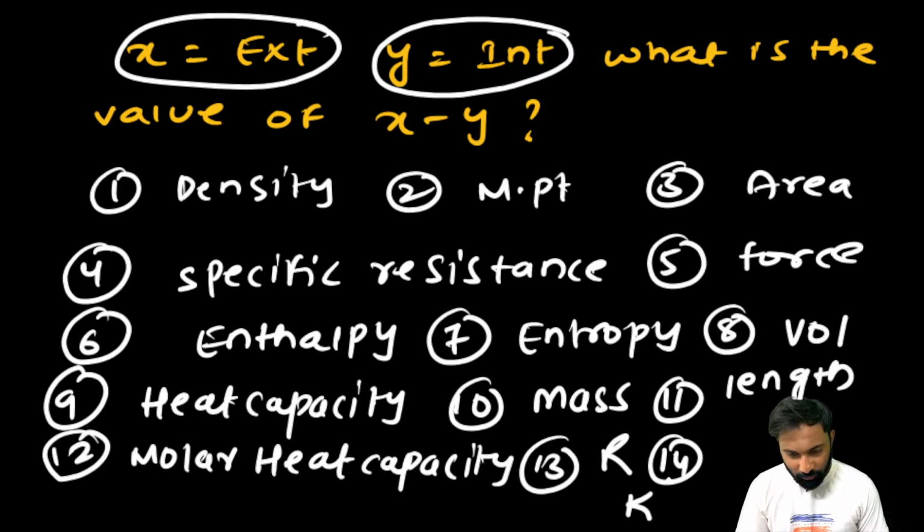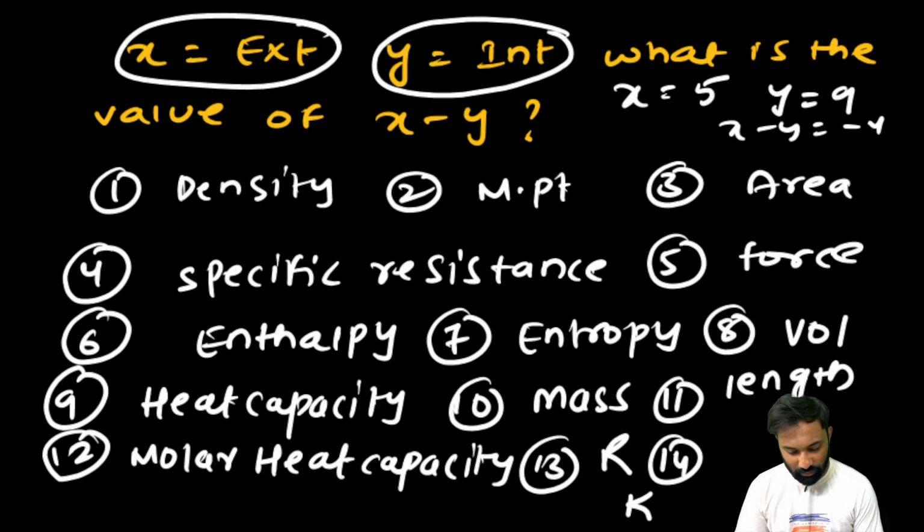Now out of 14, how many are extensive properties, and how many are intensive properties? Here what I am asking is, among the 14, how many are extensive properties? Let's suppose extensive properties are 5, so the x value is 5. Let's suppose intensive property values are 9. So x minus y, how much will it be? 5 minus 9, what will it give? Minus 4. Like that I was asking the question.